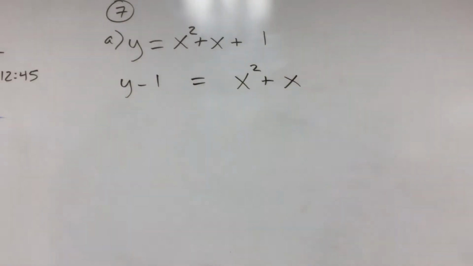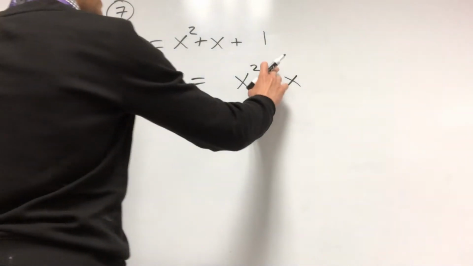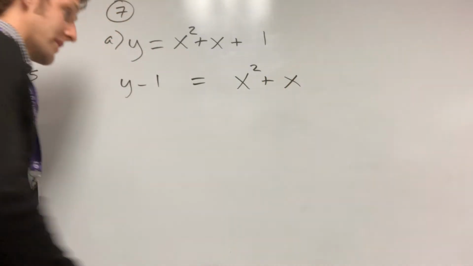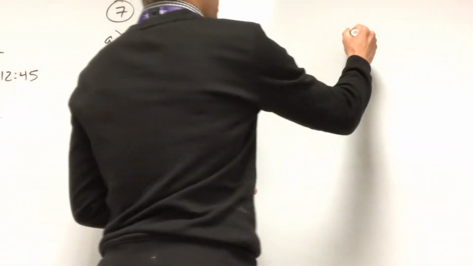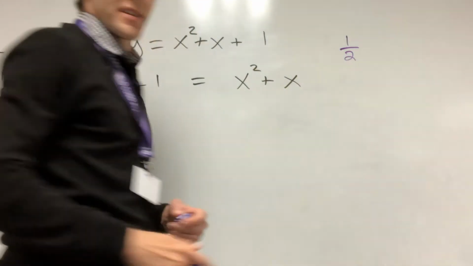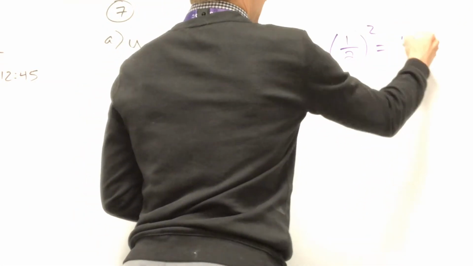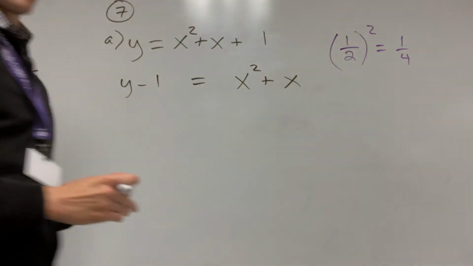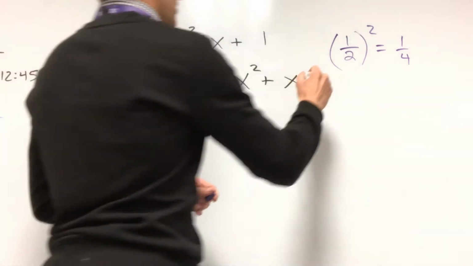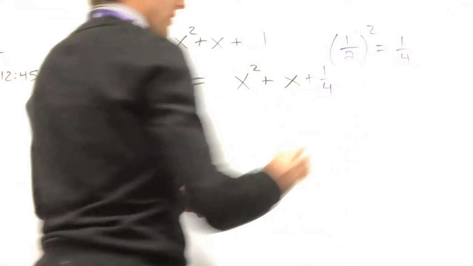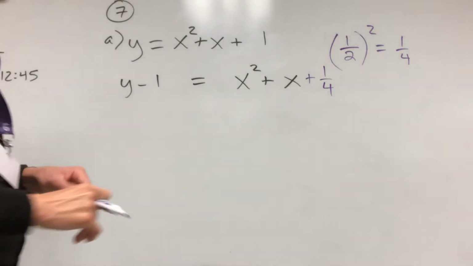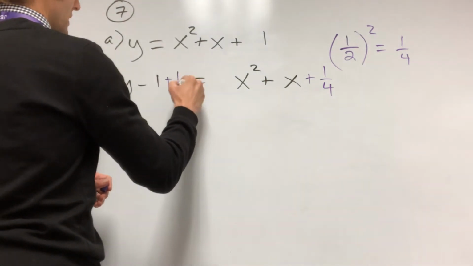To complete the square, this was from honors algebra 2, you take half that middle term. Well, there's a problem there, because the middle term is 1, and half of it is 1/2. Then you take that 1/2 and you square it. That is a quarter. So what you're going to do is add a quarter to the right side, and if you added a quarter to the right side, you need to add a quarter to the left.